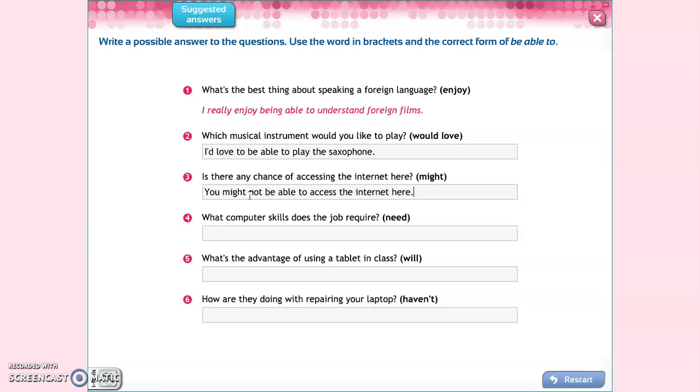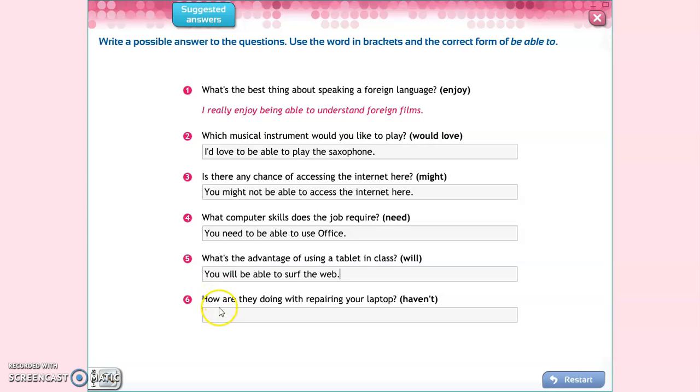Okay. What computer skills does the job require? You need to be able to use, for example, Office, Microsoft Office, right? Okay, what's the advantage of using a tablet in class? You will be able to surf the web.